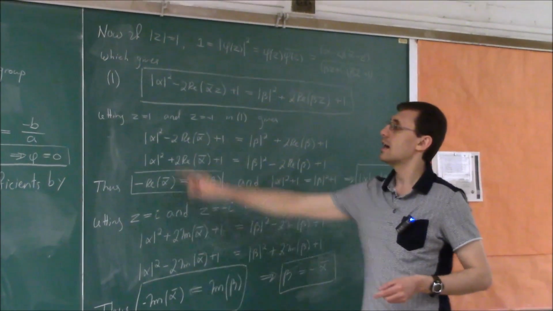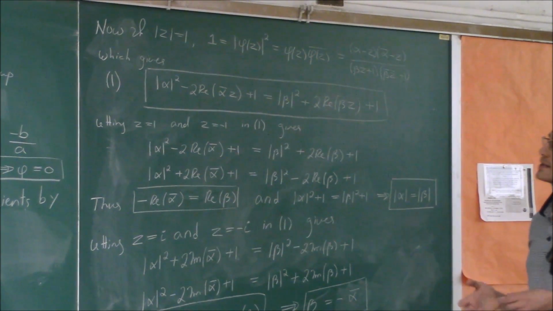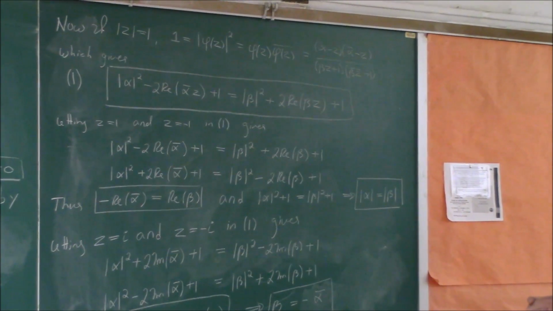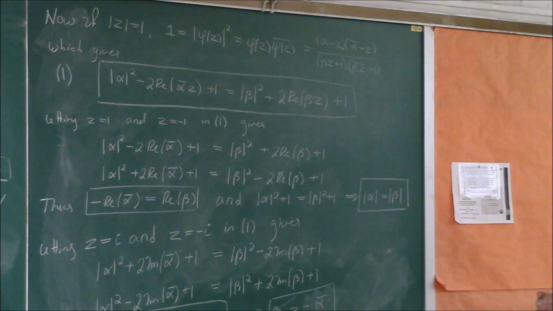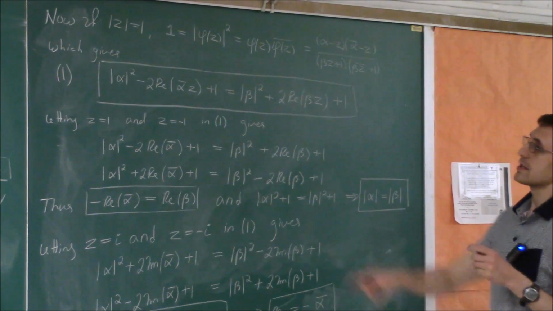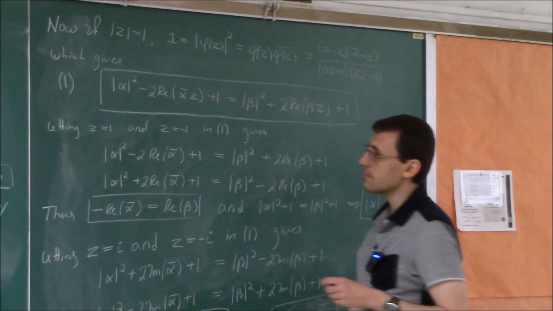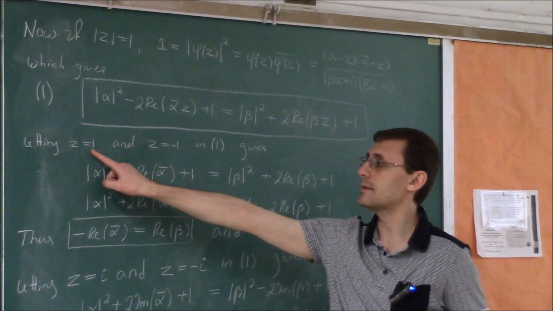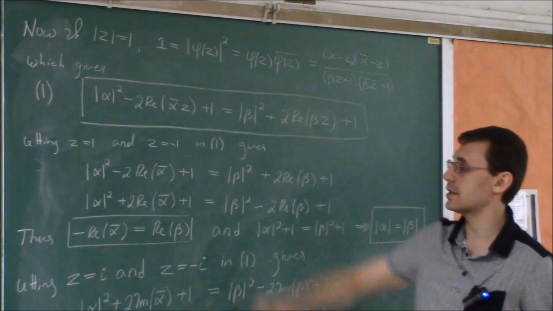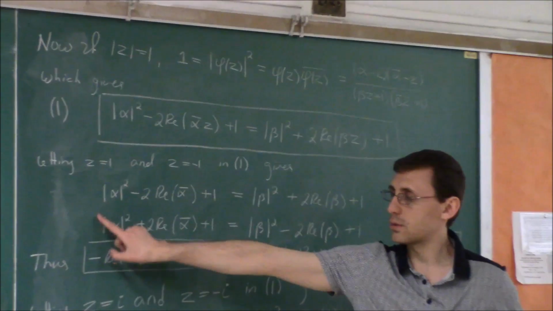We have that modulus alpha squared minus 2 real part alpha bar z plus 1 is equal to modulus beta squared plus 2 real part of beta times z plus 1, where z is, of course, assumed to be of magnitude 1. Letting z equal 1 and letting z equal minus 1 in this equation gives us those two equations.